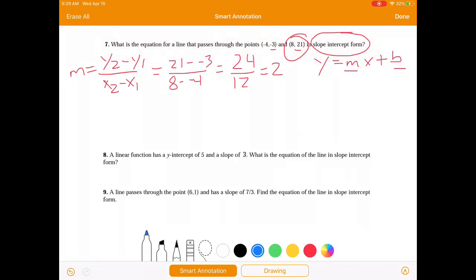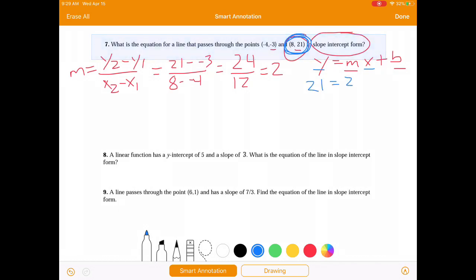The second part of this, we need to find b, and as we've mentioned before, x and y represent points that are on the line, and we happen to have 2 of them. Once again, I like to go with positive numbers because negative numbers easily cause mistakes. So I'm looking at 21 in for my y.